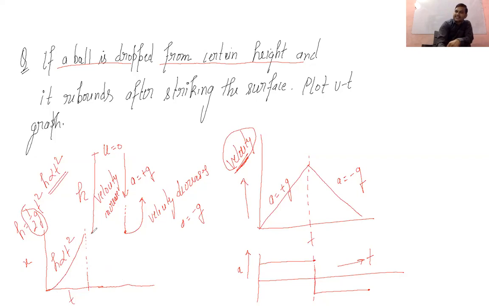And in the second case, if you are saying that a is negative, then for the distance time graph, distance will be increasing, but the velocity will be decreasing. So what happened in this case? Do you remember this one? So this can further drop from here. This can be the graph.